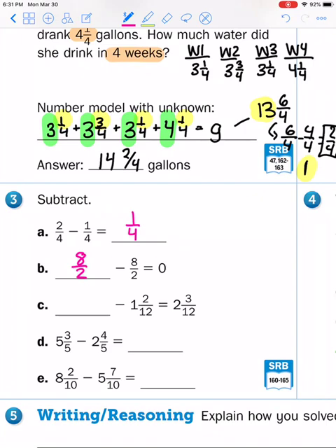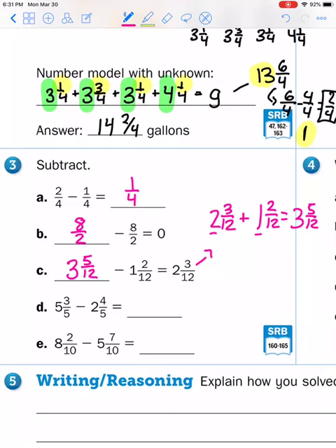So what I'm going to do is turn this into an addition problem. So 2 and 3/12 plus 1 and 2/12 equals, do the whole numbers first, 2 plus 1 is 3, and then the numerators, 3 plus 2 is 5. So I get 3 and 5/12.